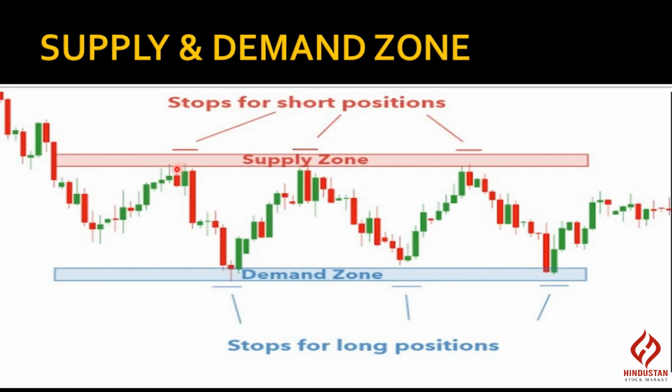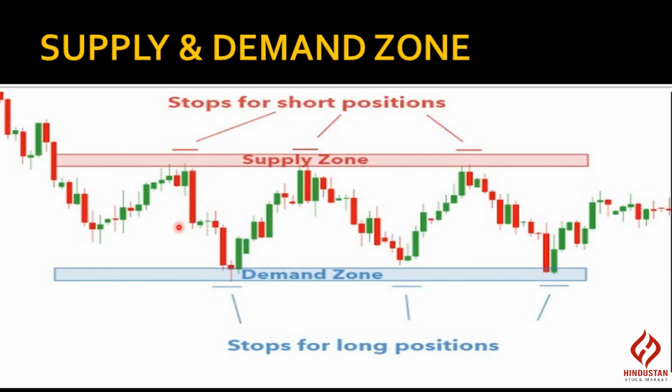When it comes near this particular point, there is strong selling pressure. You can see this big bearish candle. So this is the point where you can go for a short trade, right? Because most of the traders have kept their stop loss here. That is why you can see selling pressure here.